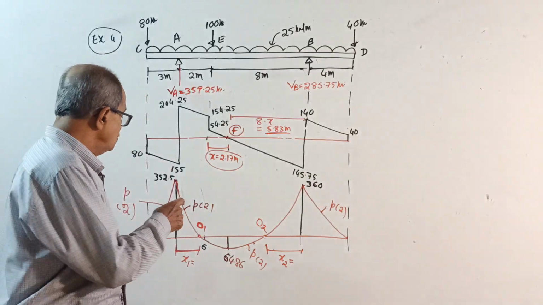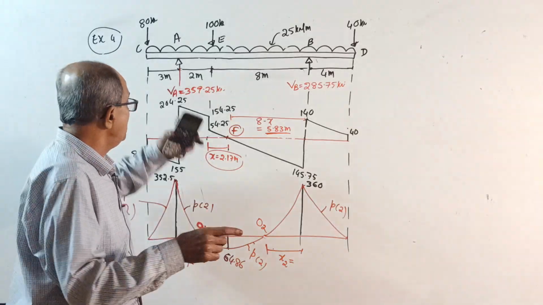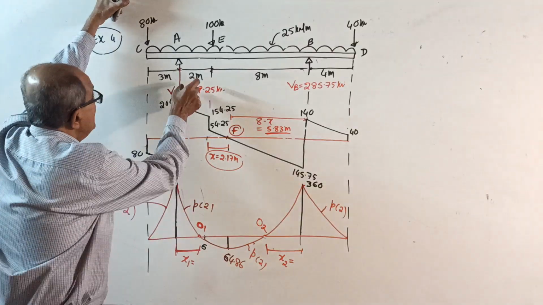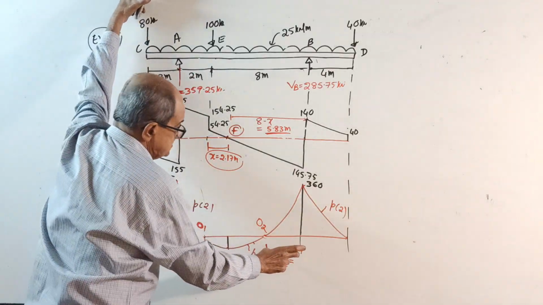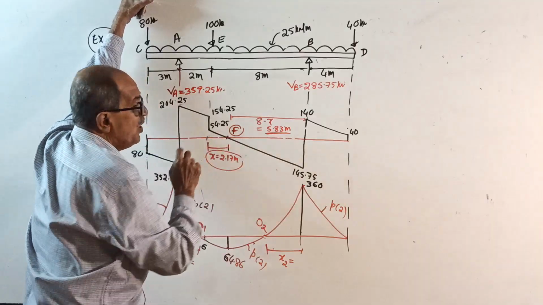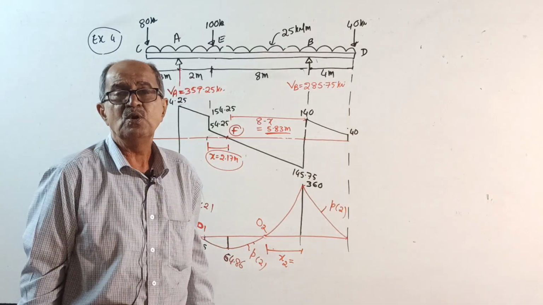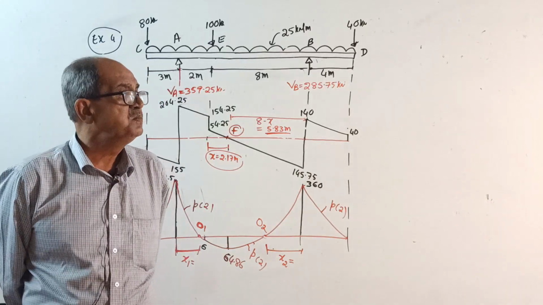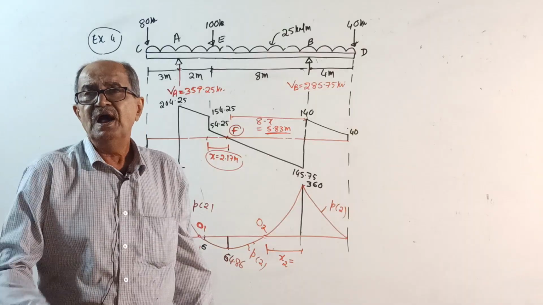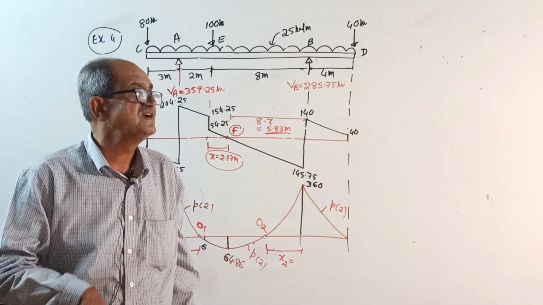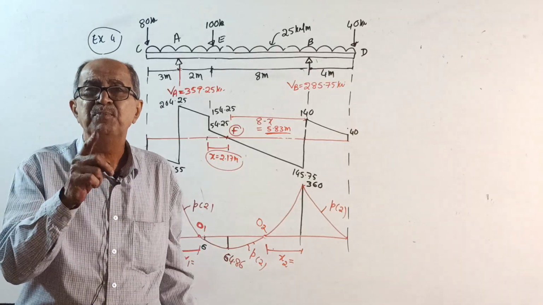I told you will get two positive values. You should take the value of X1 which is applicable. See, X1 has to be less than 2 meter. This X2 has to be less than 5.83 meter. One will come lesser, one will come more. I told, suppose both come less, what to do? I told no structure in the world can give that answer. It is mathematically impossible.